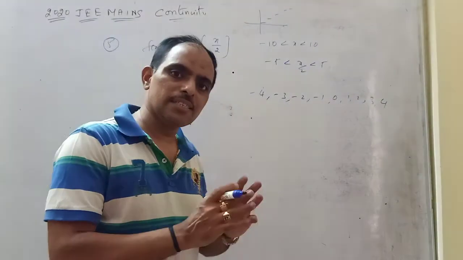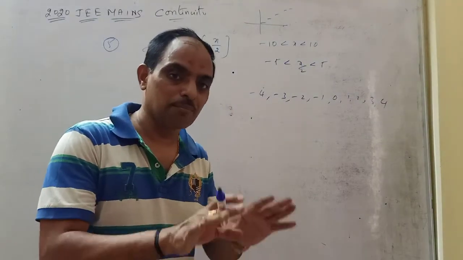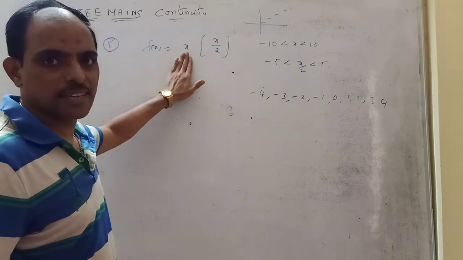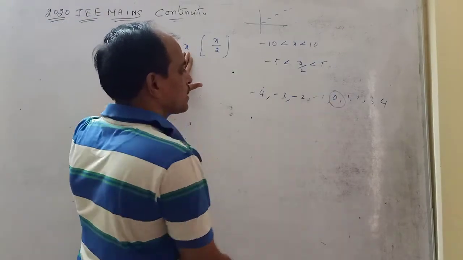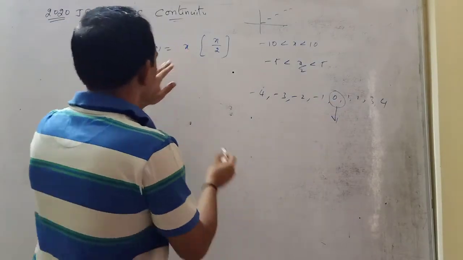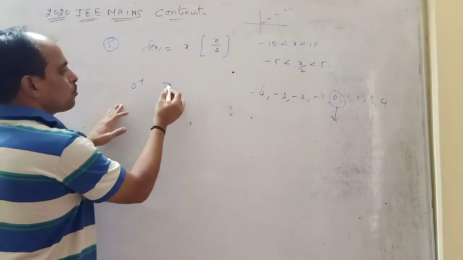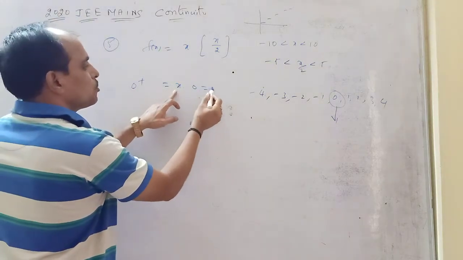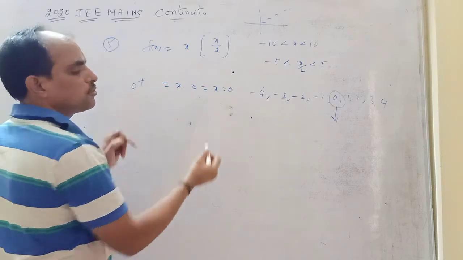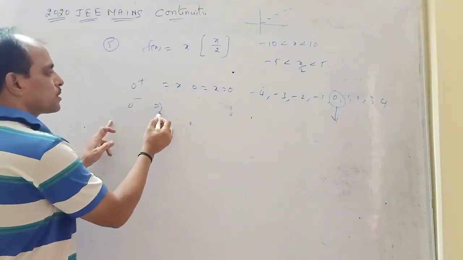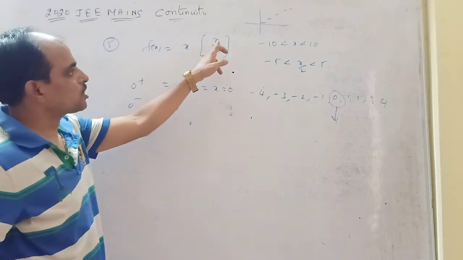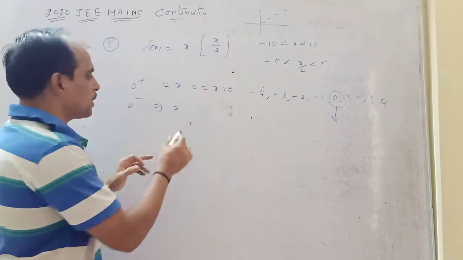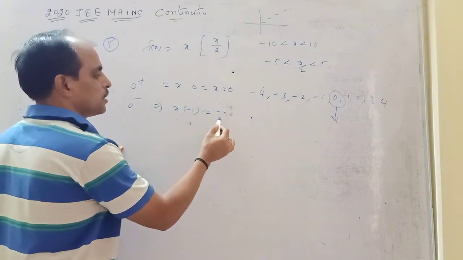At all integers, it is discontinuous, obviously. But you see here x is there. Whenever x is there, x into step, at 0 plus, x into 0, that is x, while you substitute you will get 0. At 0 minus, x into negative of, that is -1 times x, but it is 0.